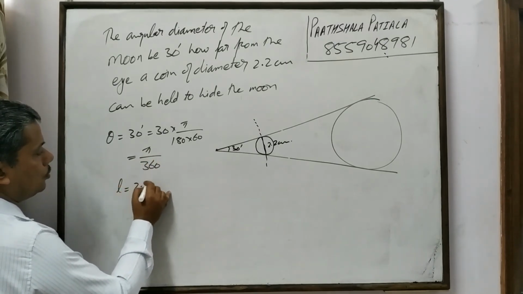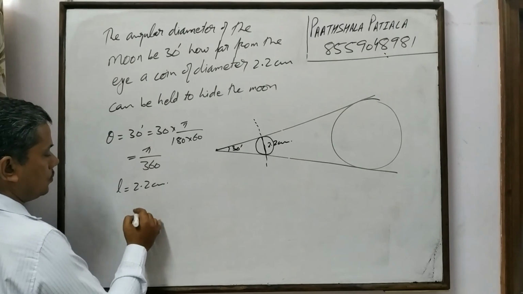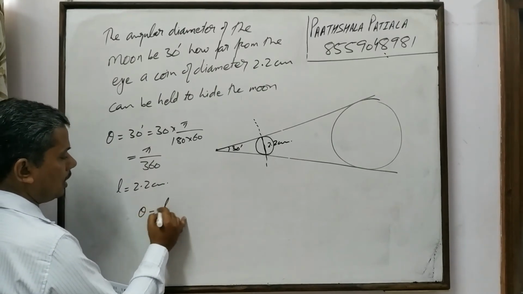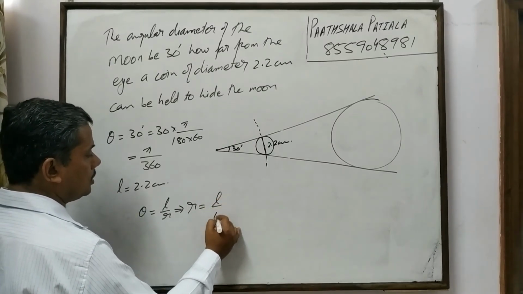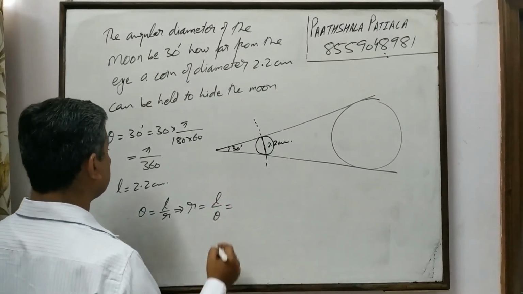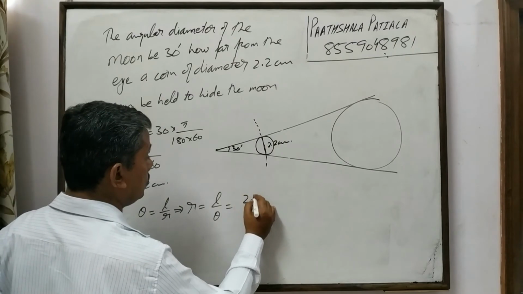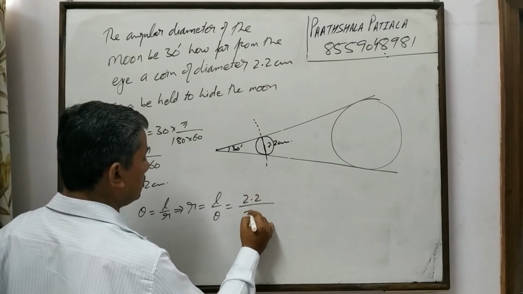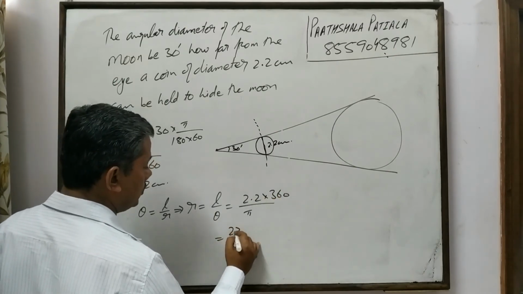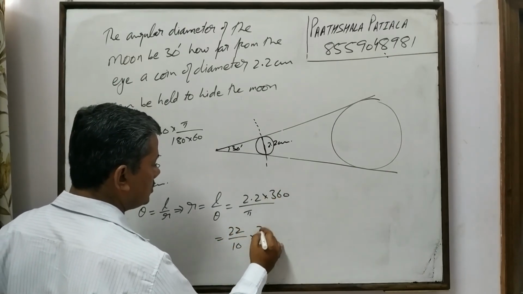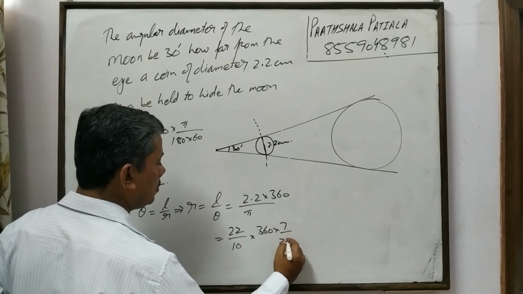L is equal to 2.2 centimeter. So we know the formula, theta is equal to L upon R. This implies R is equal to L upon theta, which is 2.2 upon pi upon 360. So this is 22 by 10 into 360 into 7 upon 22.